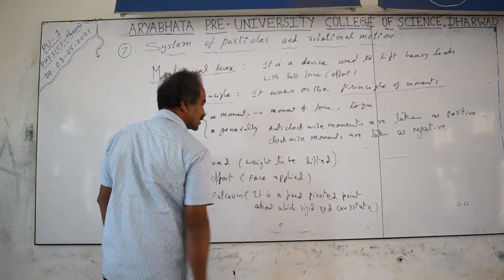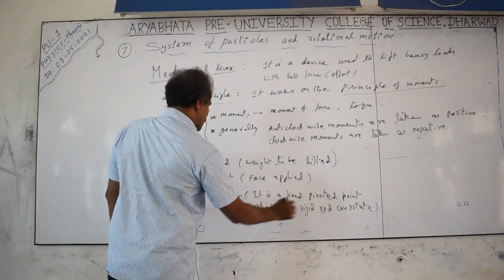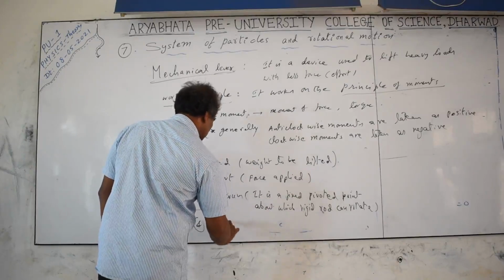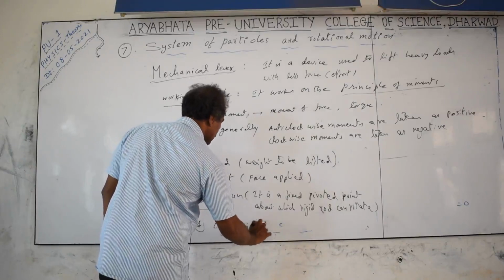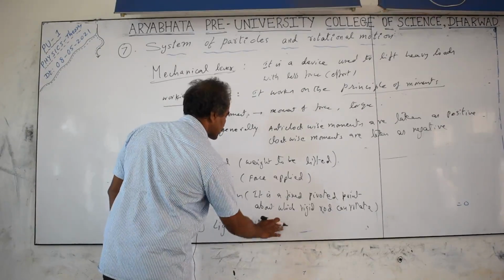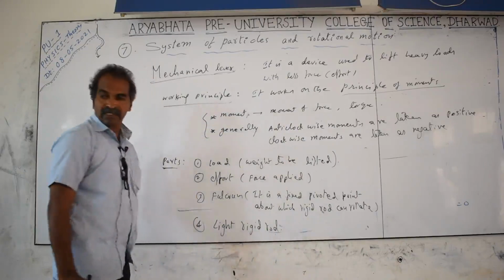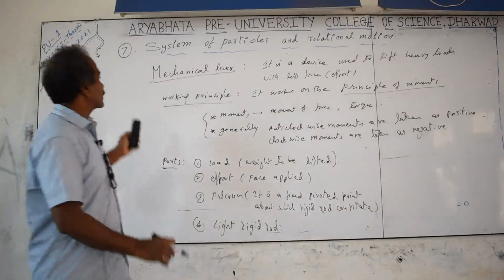We require very light rigid rods. Light means negligible mass. A light rigid rod is compulsorily required to apply these forces.